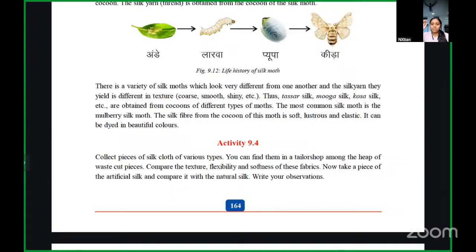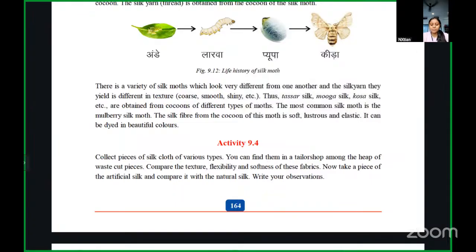These silk moths look very different from one another, and the silk yarn they yield is different in texture. Some is soft, some is shiny, some is coarse, meaning a little bit rough.